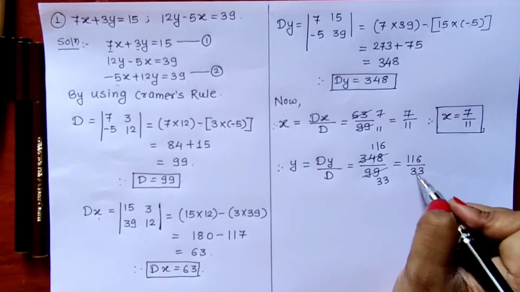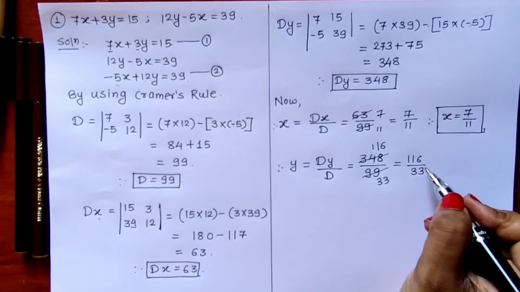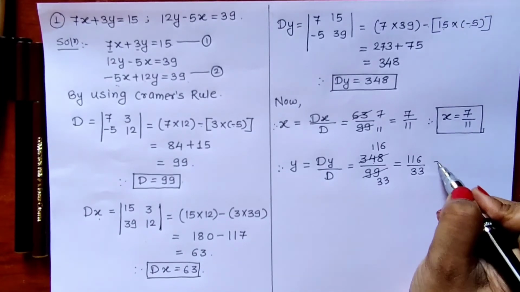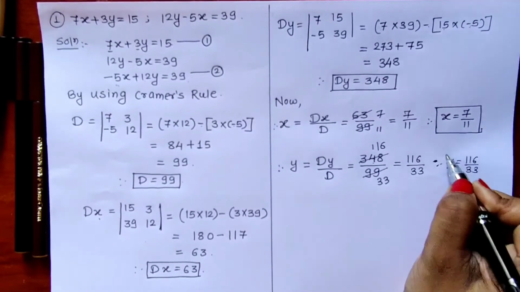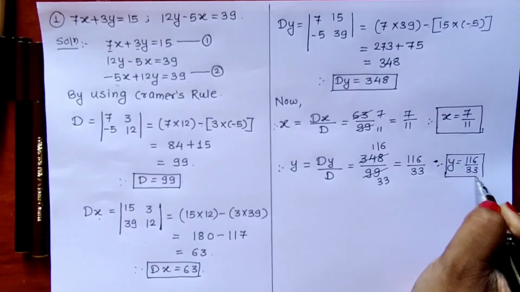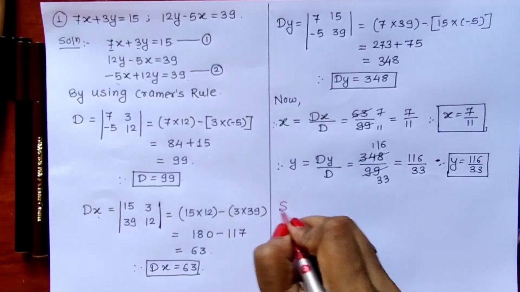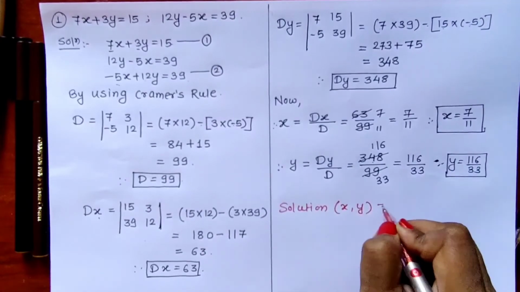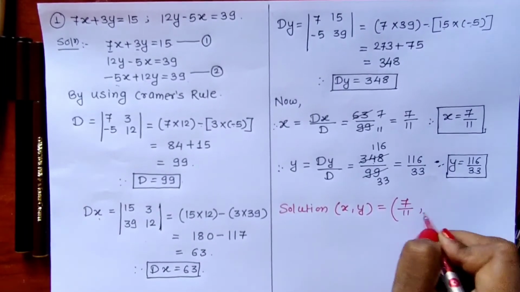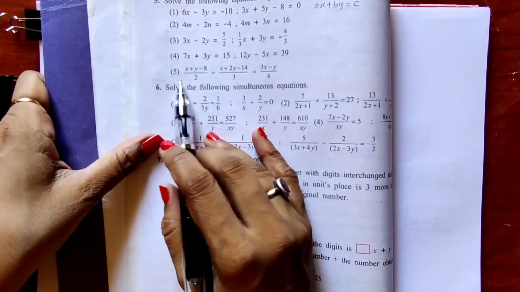Now both these numbers are not divisible by any other common number, so the answer is therefore y is equal to 116 upon 33. So in this way we have got the solution x and y. Solution (x, y) is equal to (7 upon 11, 116 upon 33).